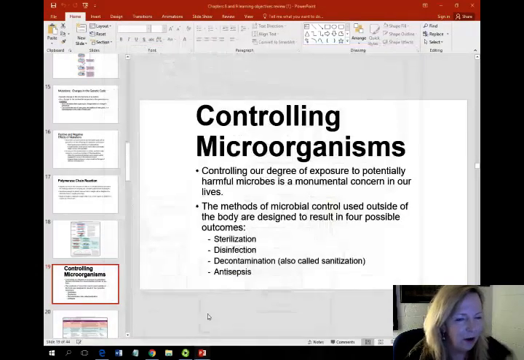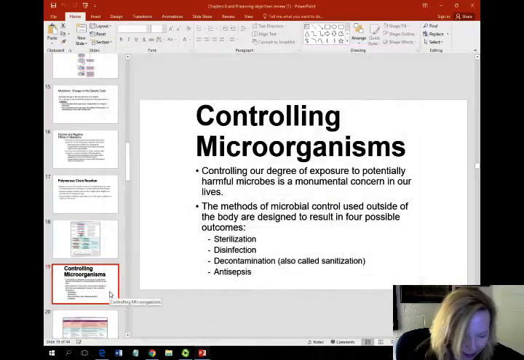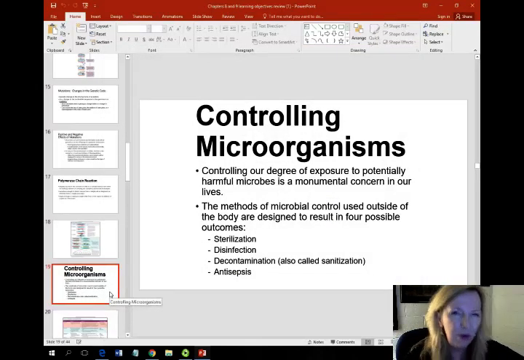Okay, so most of these learning outcomes in this section are really going to be definitions for you, but you should have a pretty good working idea about these definitions and some of the things that we use to help control microorganisms.